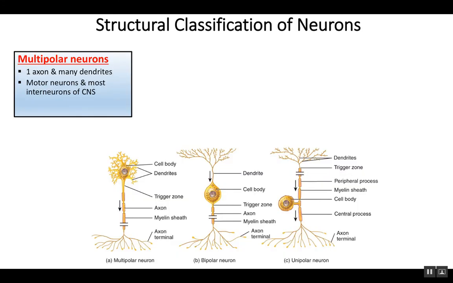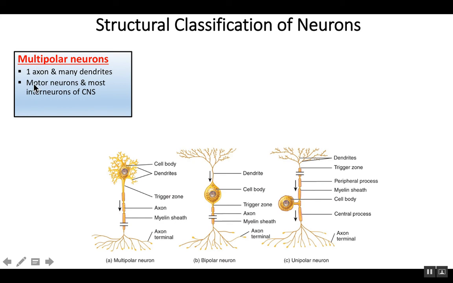Neurons also come in different structural categories. We'll go quickly through the structural categories, but it's all based on how many processes are seen projecting from the cell bodies. If there's many processes, like this one here, it's known as a multipolar neuron.